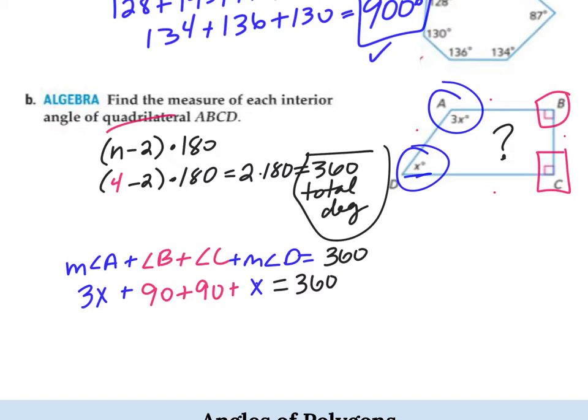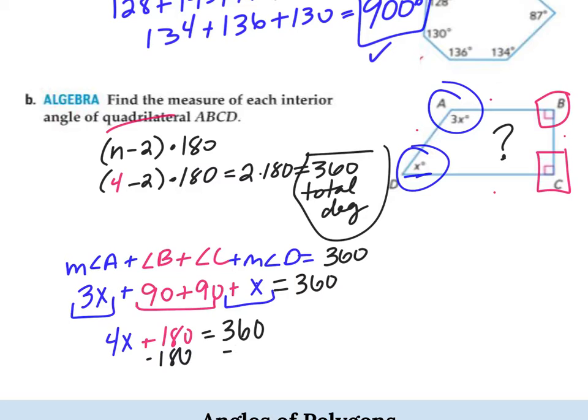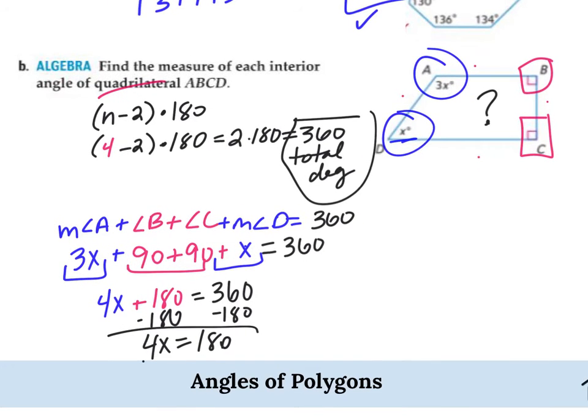Now the next step is just to combine like terms. So 3x plus x is 4x, 90 and 90 is 180, and solve for x. So we're going to subtract 180 from both sides. We get 4x equals 180, and then when we divide by 4, x is a value of 45.